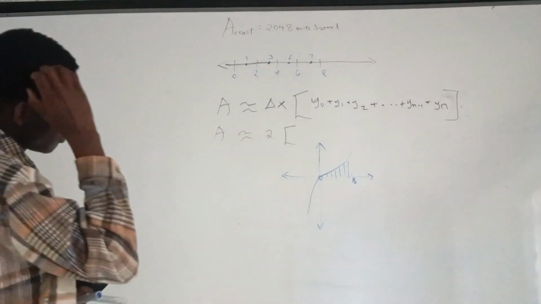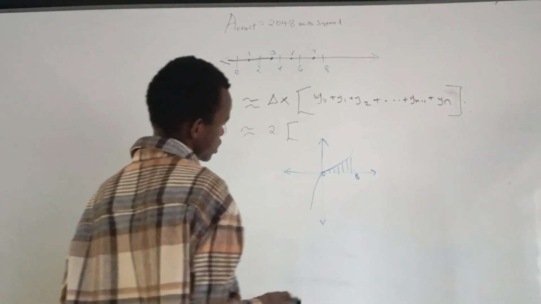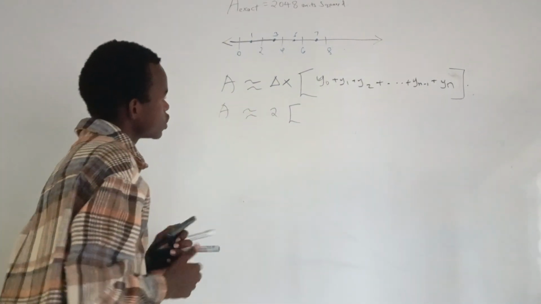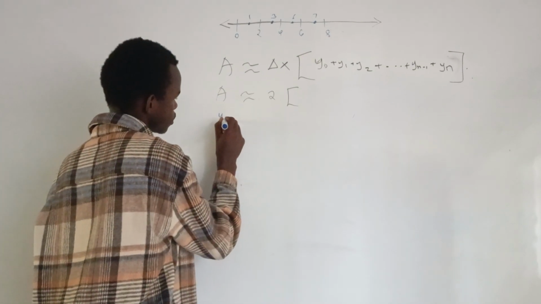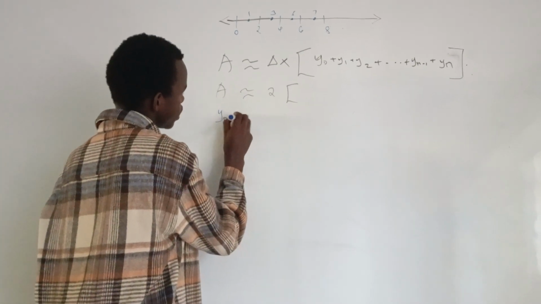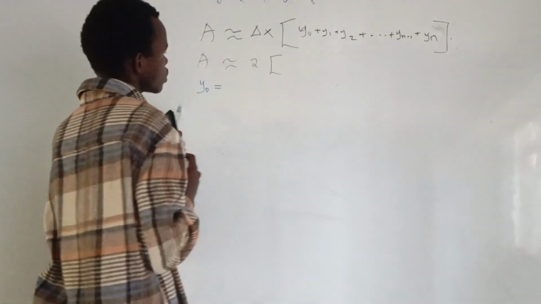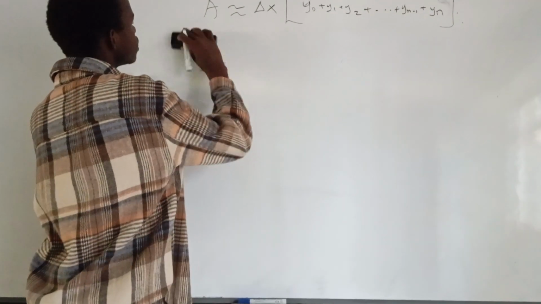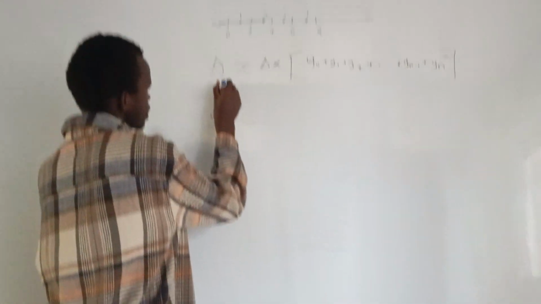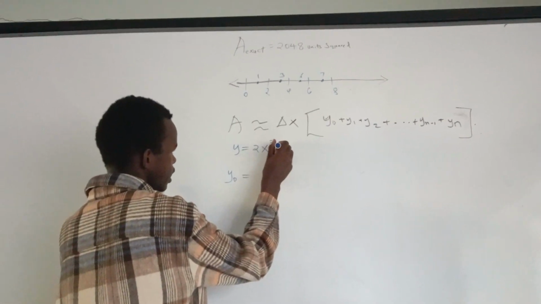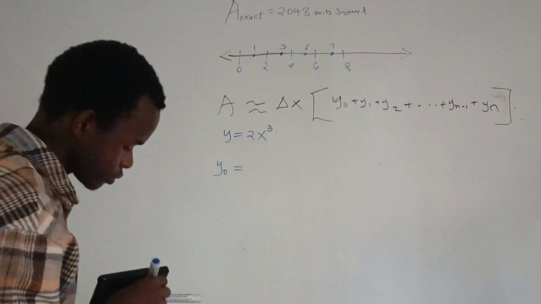So let's compute our first y values, y0, y1, y2, and so on. The function of the graph was y equals 2x cubed. So that's our function.